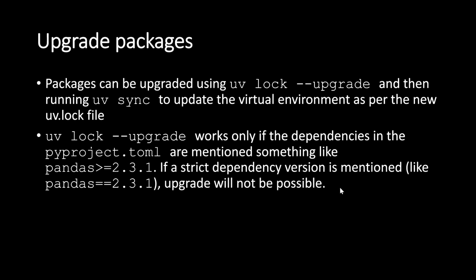But if your dependency is really strict, like pandas equal to 2.3.1, uv can't do anything because you already mentioned a particular version for pandas. If your dependency is mentioned in a constrained way, like pandas greater than 2.2.9 and less than 2.3.1, uv will see the maximum version it can upgrade to, and it will upgrade the environment and the lock file.